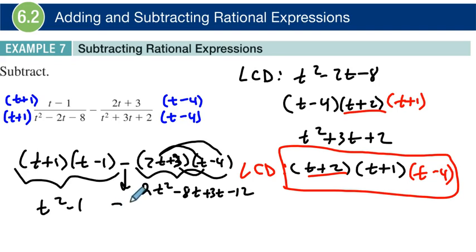So that's minus, I'm just going to put this in parentheses so we know it's the entire thing: 2t squared, negative 8t plus 3t is a negative 5t, minus 12.